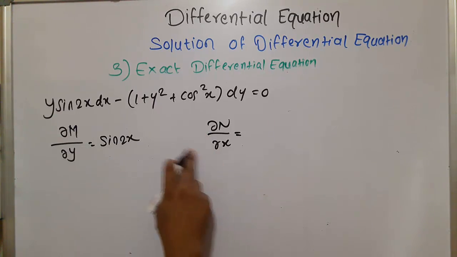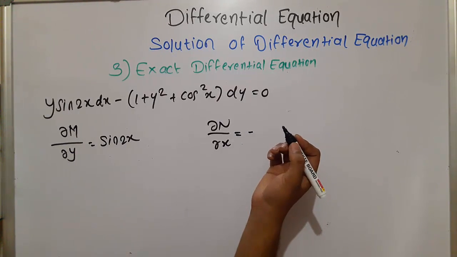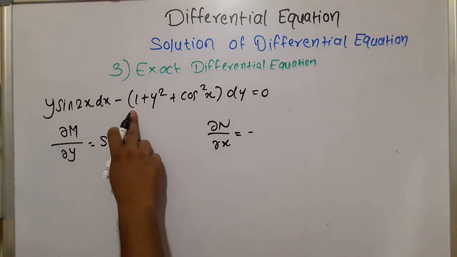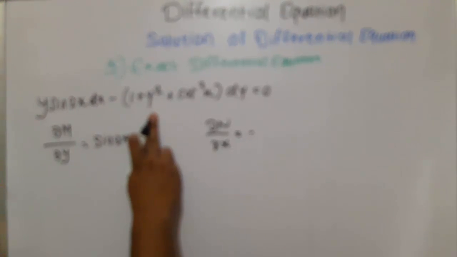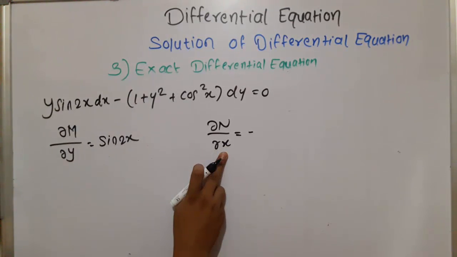Del N by del x: here we have the minus sign. The derivative of 1 is 0, and the derivative of y square is 0, because y is constant when we partially differentiate with respect to x.